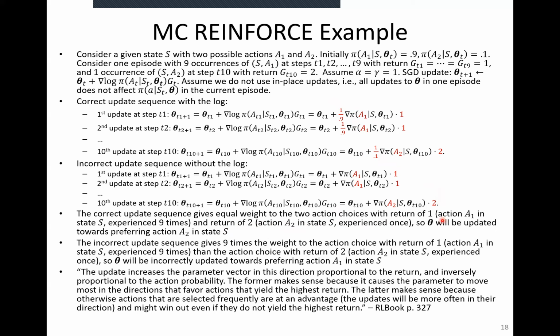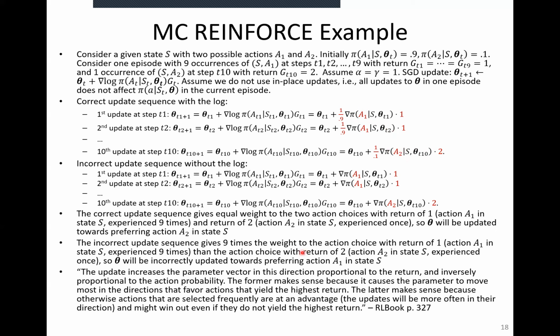So theta will be updated towards preferring action A2 in state S, because this update for A2 has a higher G, the return term. So this update should be larger than the combined updates of the first 9 steps.